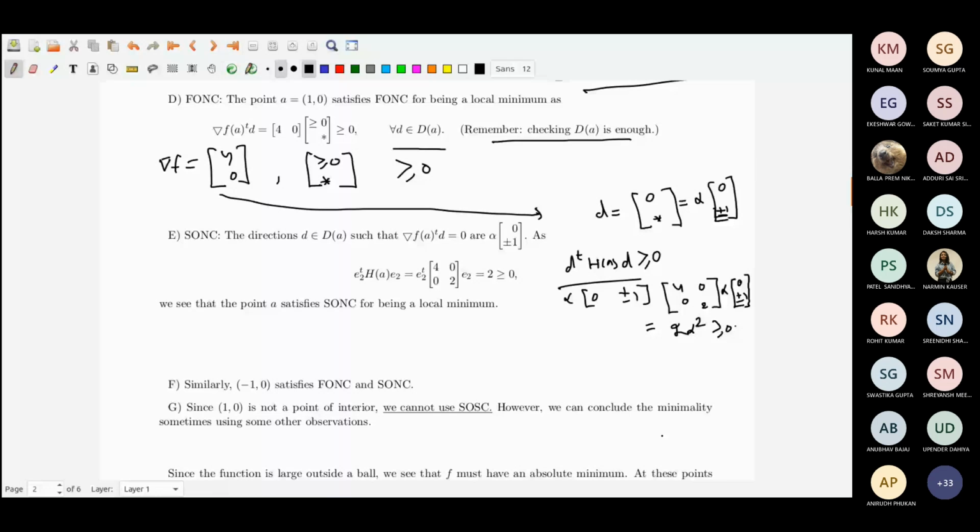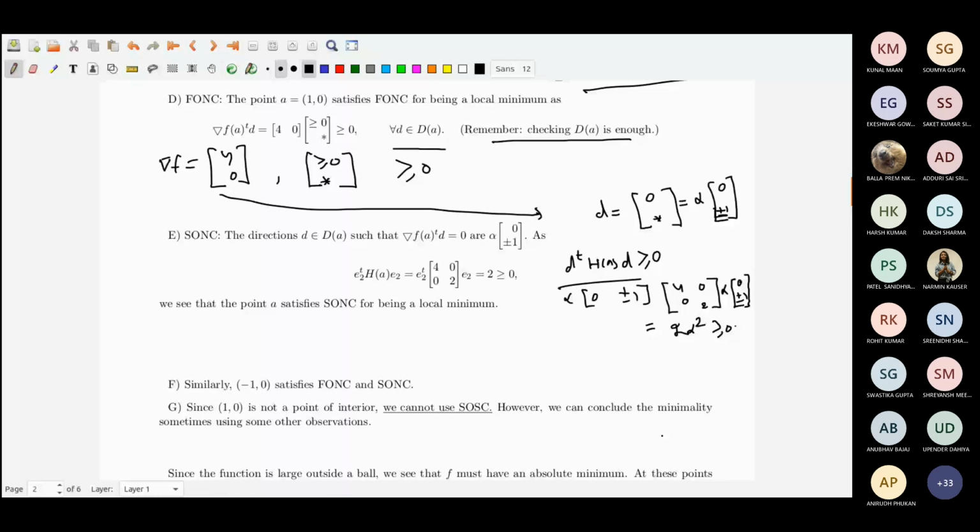We have only found 2 points where the first order and second order necessary conditions hold, and fortunately at both these points the functional value is the same, therefore they are the absolute minimum. That's the argument that you make.